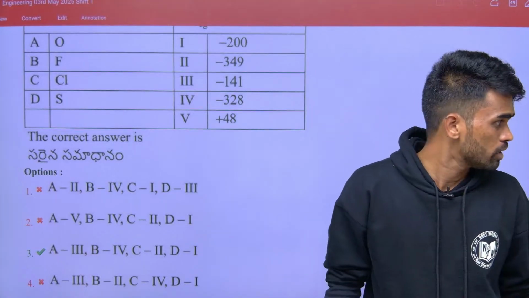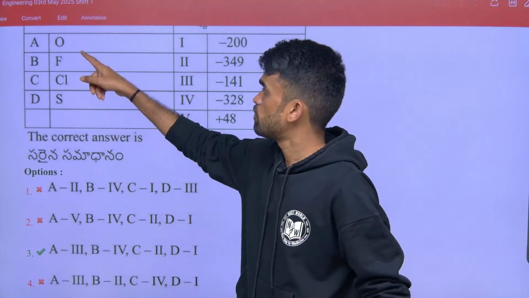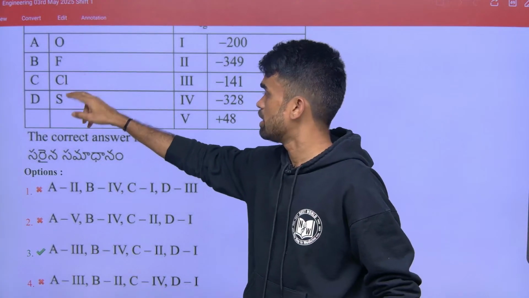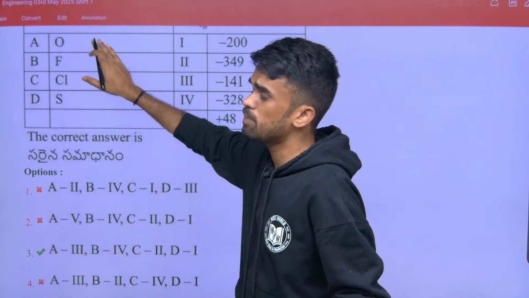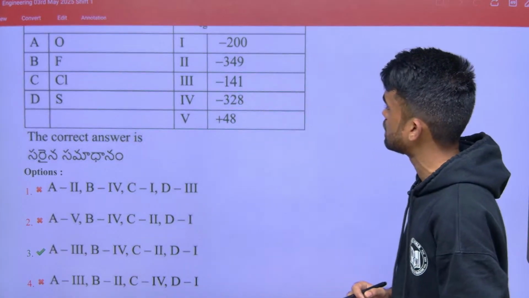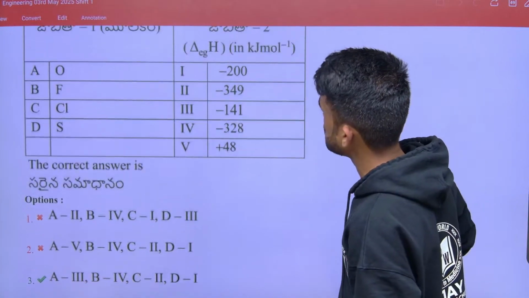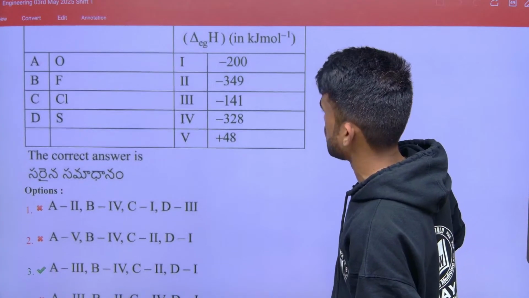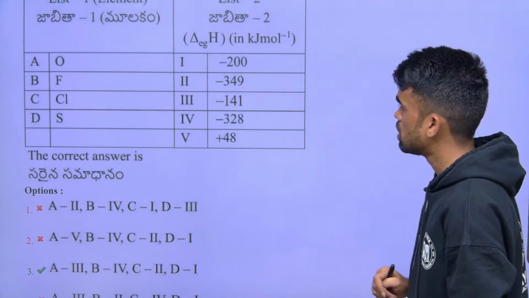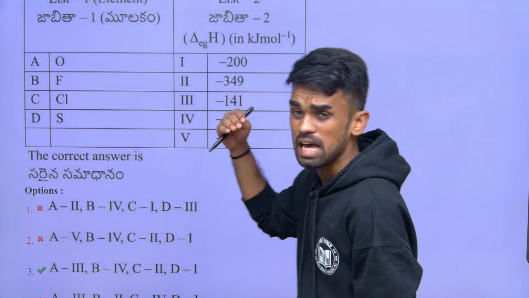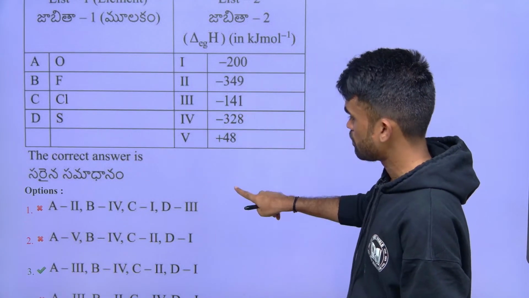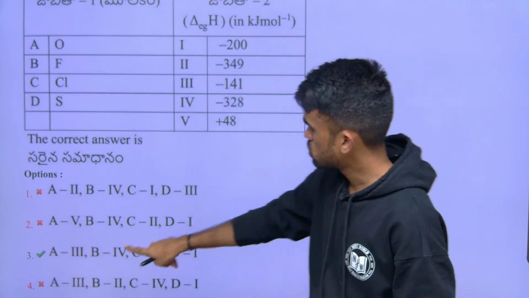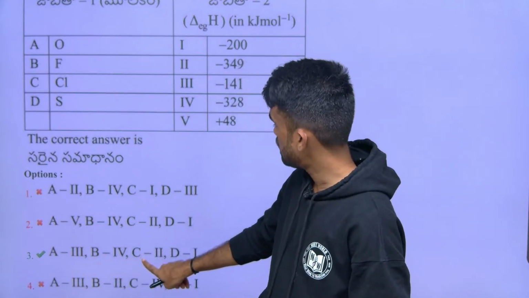And the next one we have sulfur. If we compare fluorine, and here we have sulfur and oxygen, out of these, oxygen will have the least electron gain enthalpy. They have given 5 values; the one that is negative but least is 3. So A3, and C2 I told you.